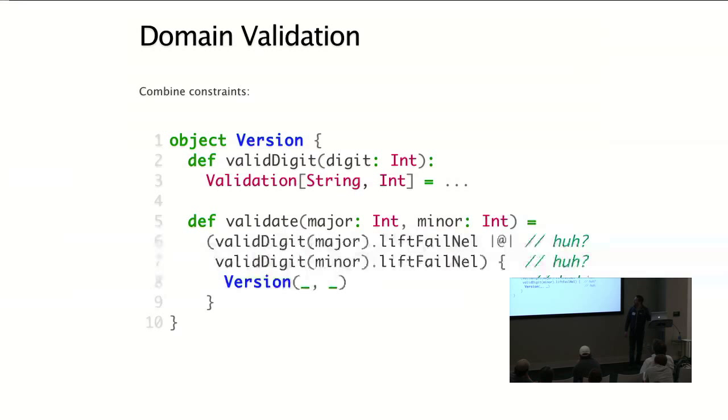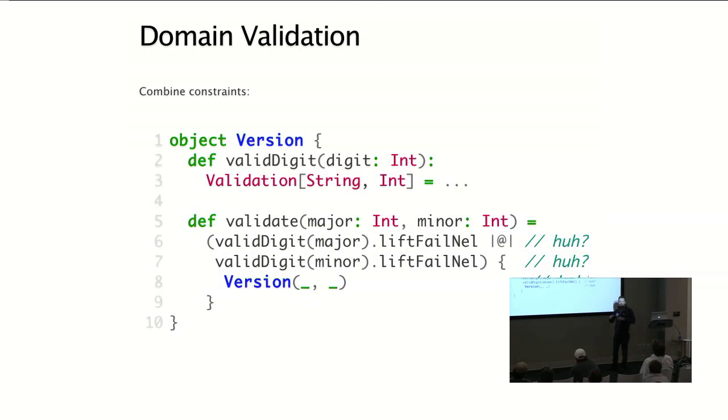So now we have this function which validates a digit. Now we need to validate the major part, and the minor part. There's this code that I'm going to hand wave around, and you do not understand what this means yet.